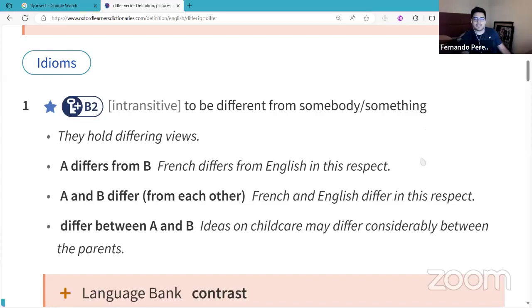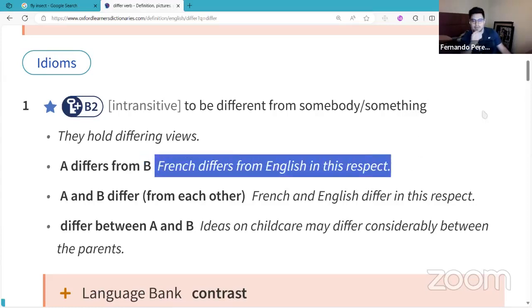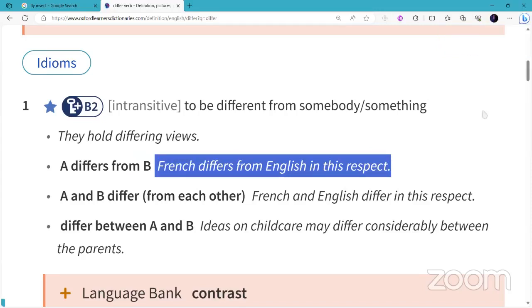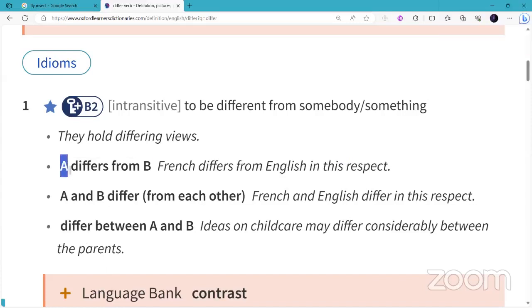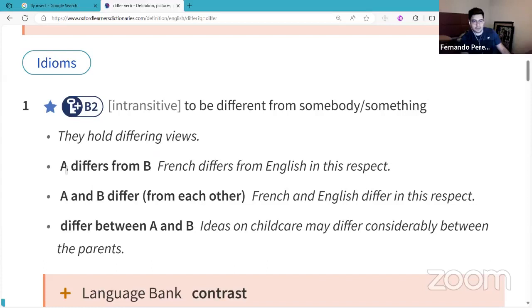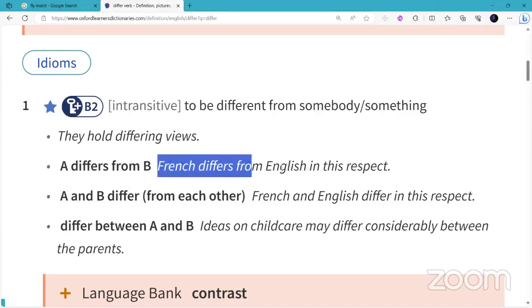Let's use the second example. Okay, a difference. I am not sure. Again. The first. Not a. It's the first. A and B. A differs from B. Exactly. Example.